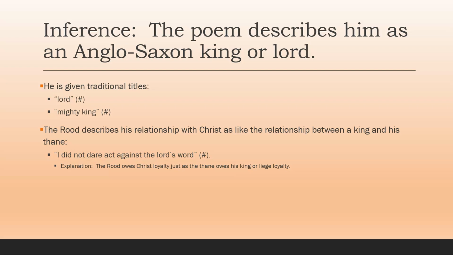So that requires the explanation. How are we supposed to understand this piece of evidence? Well, we're supposed to understand it as the loyalty that a thane owes to his liege or king.